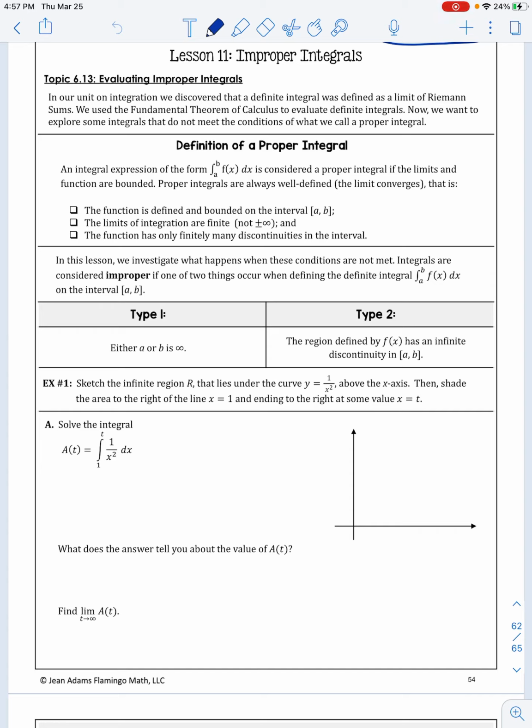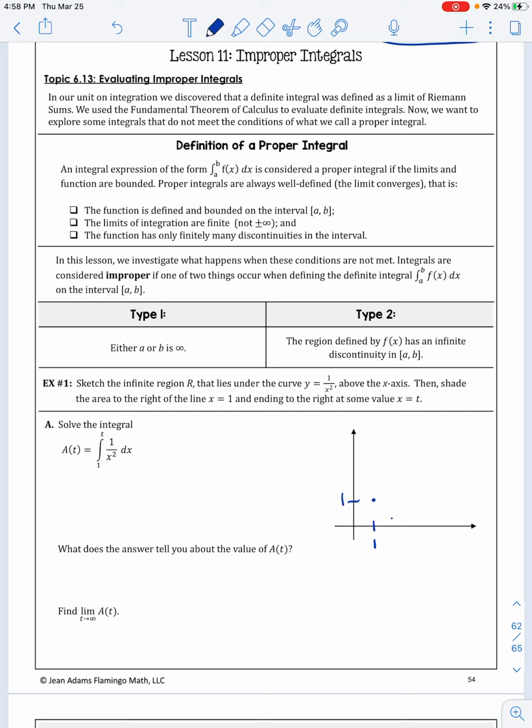So example number 1: sketch the infinite region R that lies under the curve y equals 1 over x squared above the x-axis. And of course, if I put a 1 in, I'm going to get a 1 because I get 1 over 1 squared. And if I put a 2 in, I'm going to get 1/4. So you can see how this quickly goes to hover right above the x-axis.